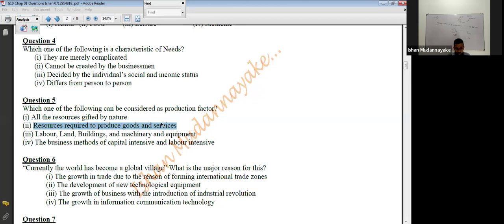What are the factors of production? Land, labor, capital, and entrepreneurship. Those are the required resources. Last year we discussed the manufacturing process in a business. In that manufacturing business organization, what are the inputs? Inputs: land, labor, capital, and entrepreneurship. Right, the second one is the answer.